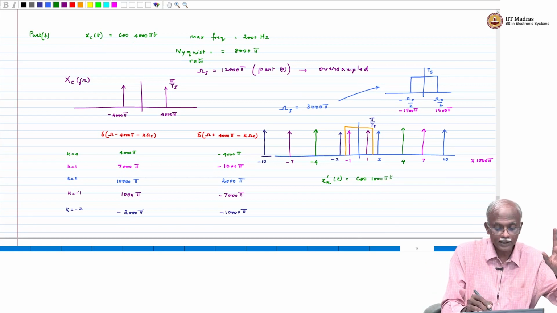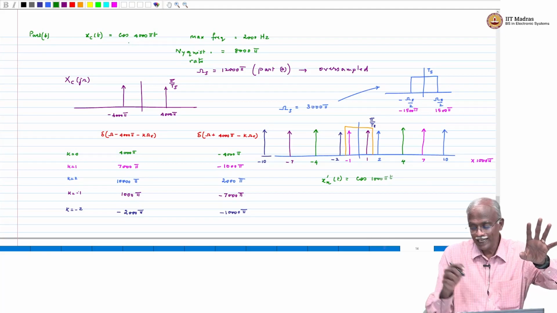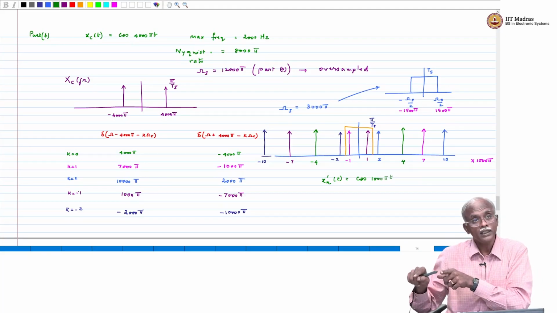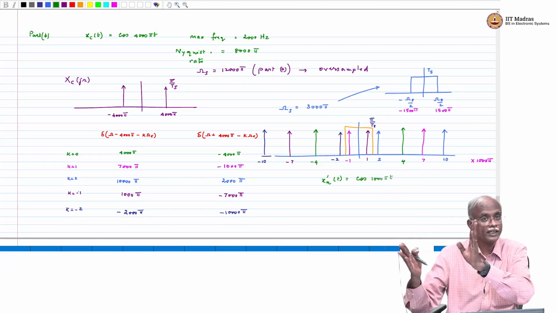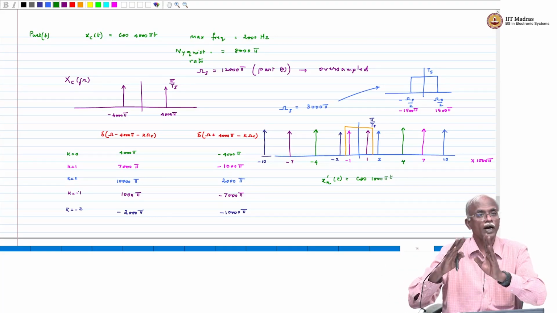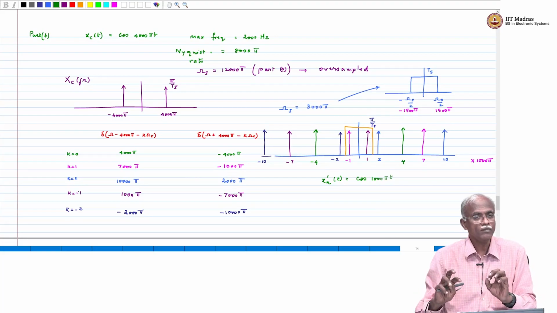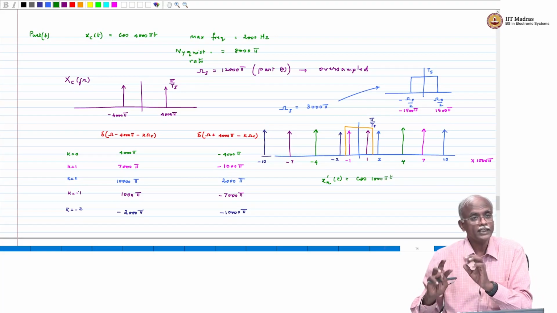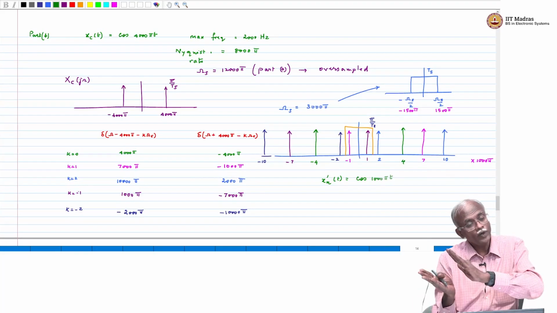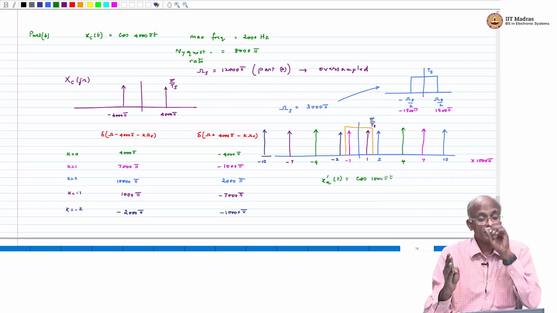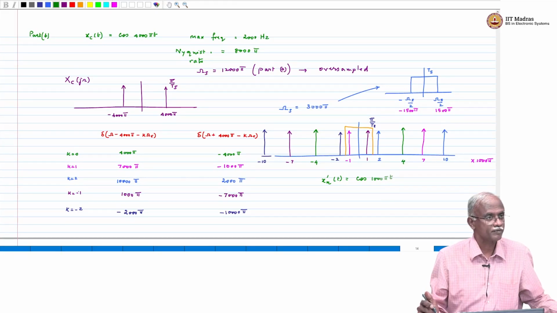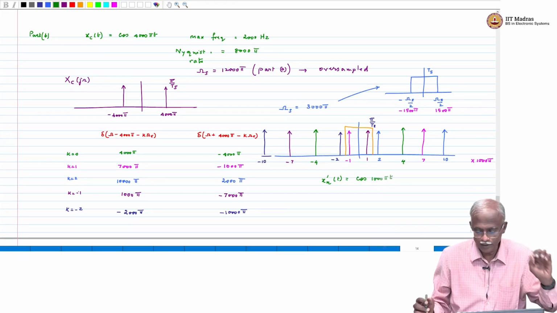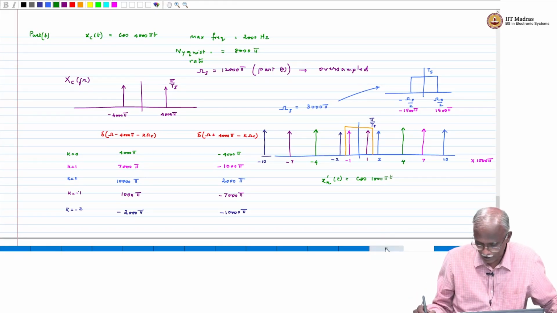Your original signal was cosine 4000 pi t, but because you did not satisfy the Nyquist criterion, you ended up introducing aliasing, and the alias signal, when we reconstructed, gave us a completely different signal. Very important aspect.